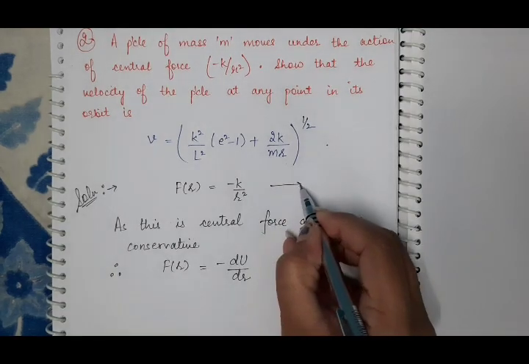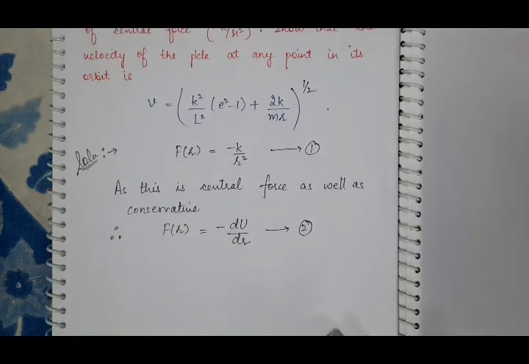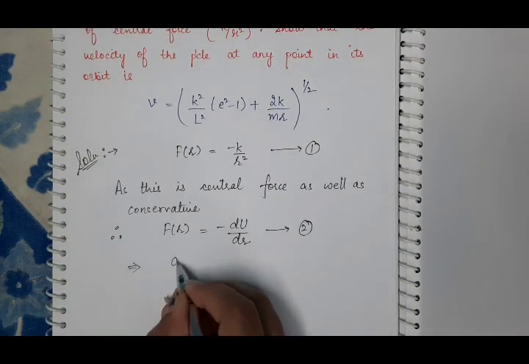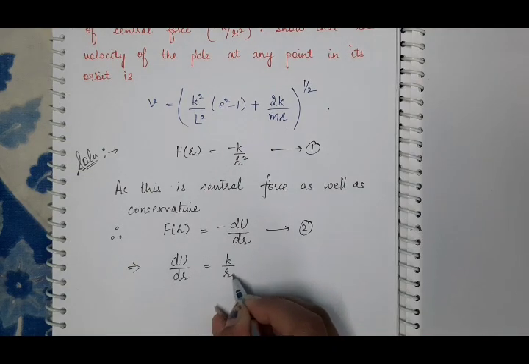So compare these two equations and you will get that du by dr is equal to k by r square.